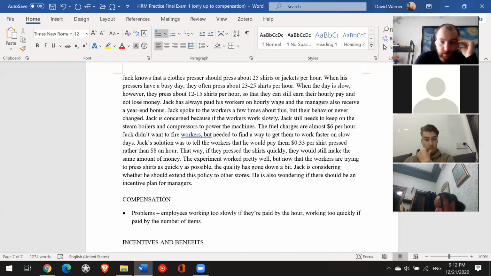And that's pretty much the big problem there. Also, quality going down, and the need for a system for managers' incentives. Those are the problems.